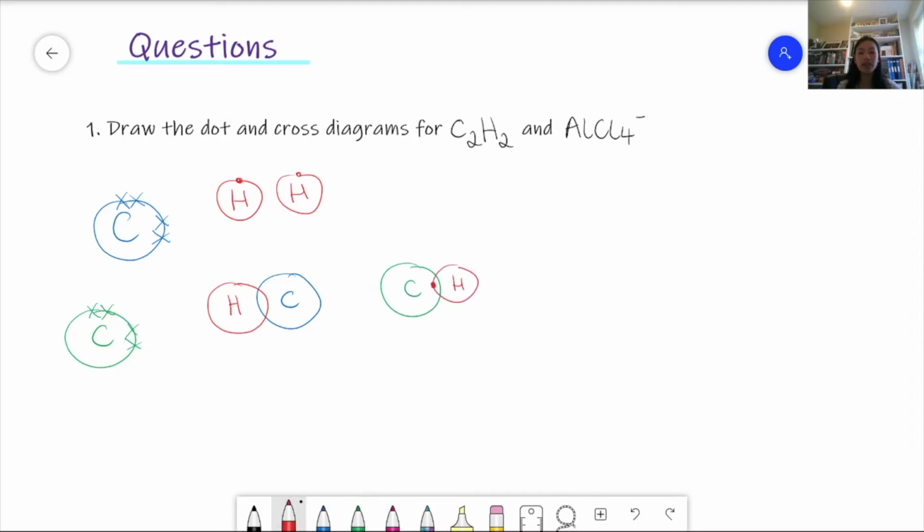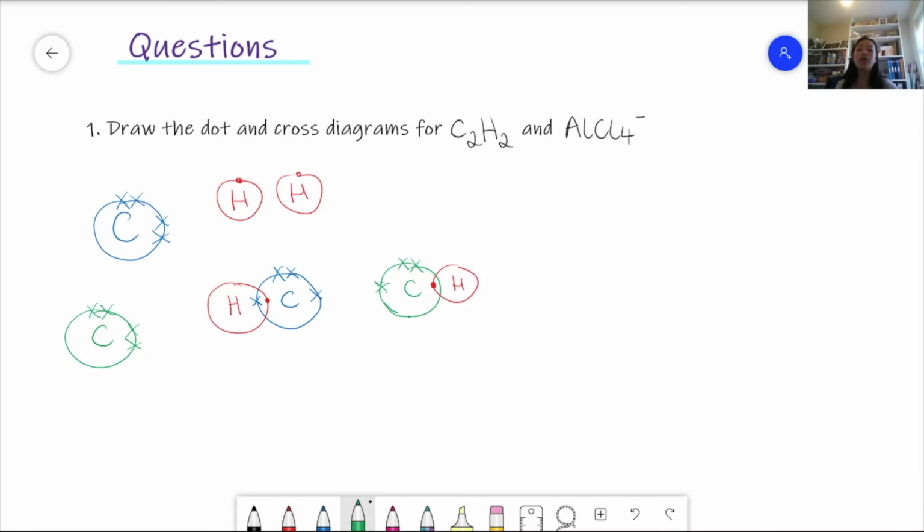So the hydrogen can share 1 electron here, and then the carbon can share 1 here, but we can't share another one because the hydrogen only has 1 electron in its outer shell. So that means there's 3 electrons left which are not shared.